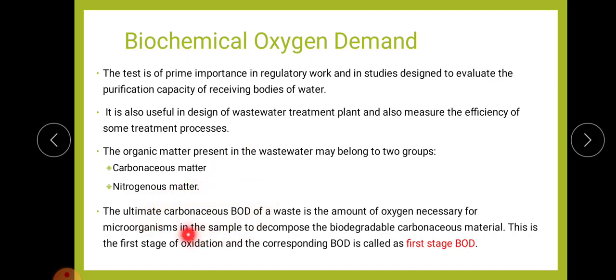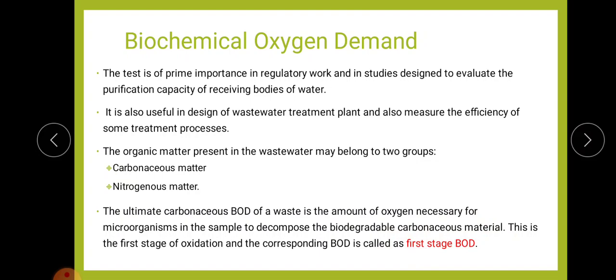This is the first stage of oxidation, and the corresponding BOD is known as first stage BOD. So first stage BOD is the amount of oxygen required to decompose the biodegradable carbonaceous material.